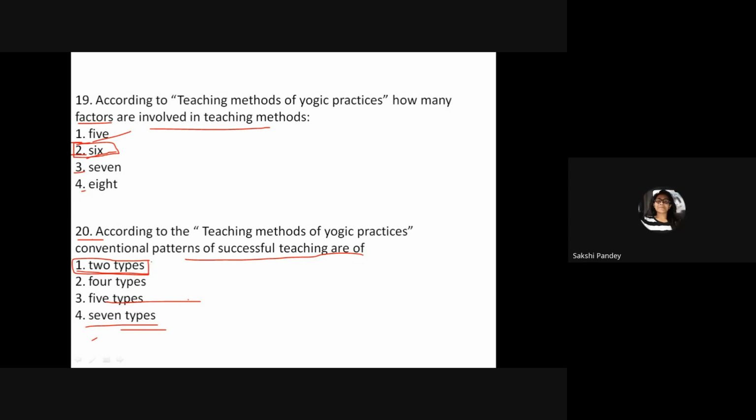Ma'am, the word conventional is confusing me. Conventional means traditional, so in that case I think it should be seven. Ma'am, if conventional, then it will be seven, na ma'am? Because in traditional teaching methods, they are not that much focused on student centered.